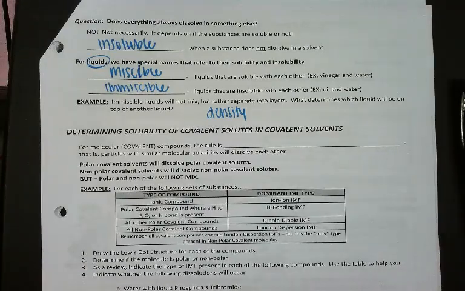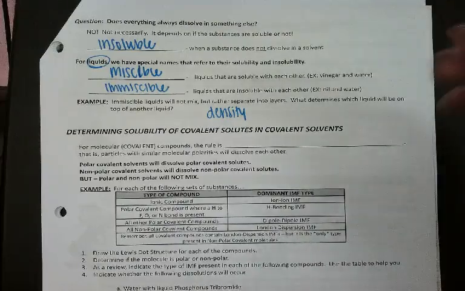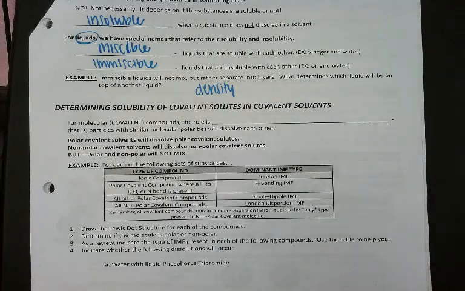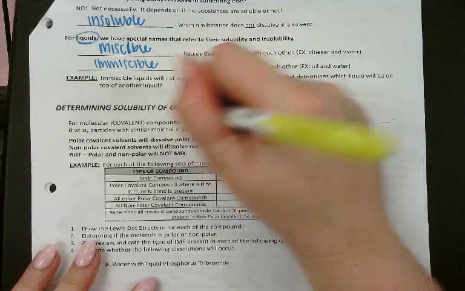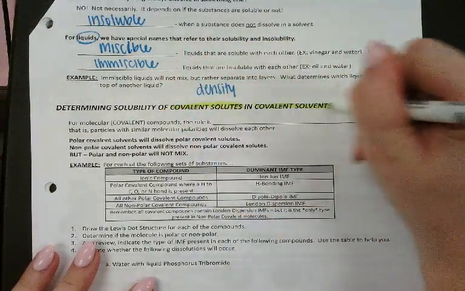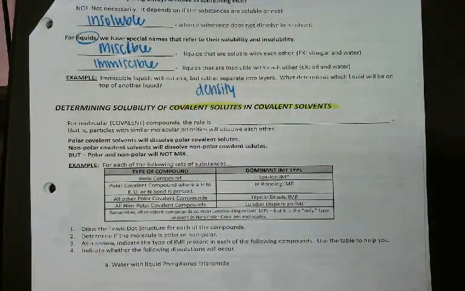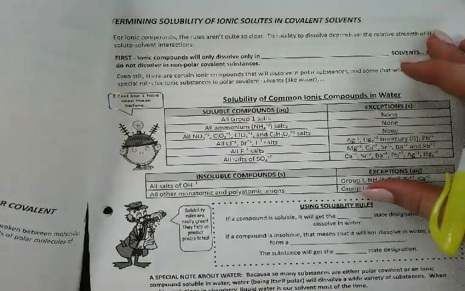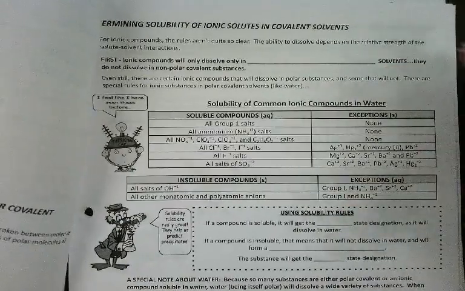All right. So we are now going to be getting into basically 3 big topics on determining solubility. This first one is covalent solutes and covalent solvents, but we're going to be talking later on about polar covalent solutes and polar covalent solvents.